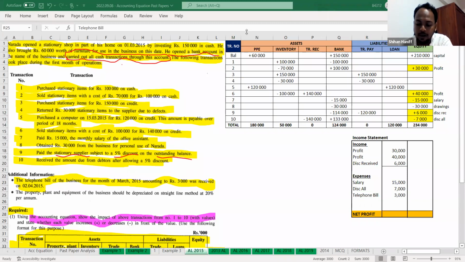This is accrual concept, correct? Accrual concept. Even though you receive the bill on the next month, this telephone bill belongs to the current period or March. So we have to take it to this month expense.